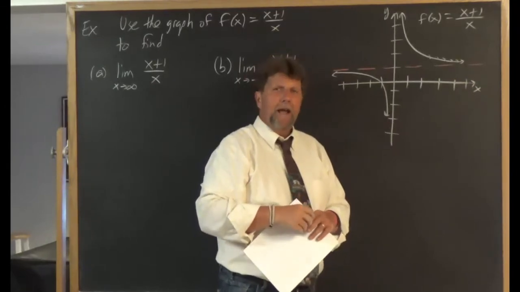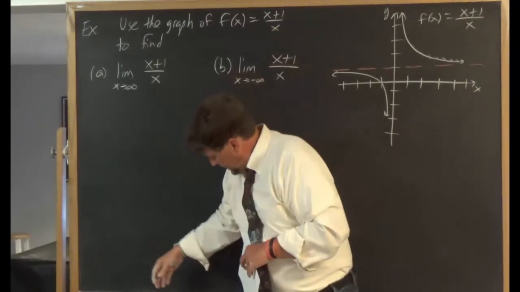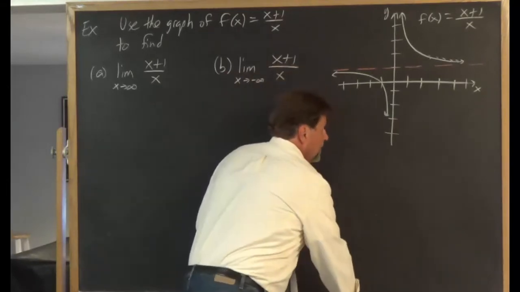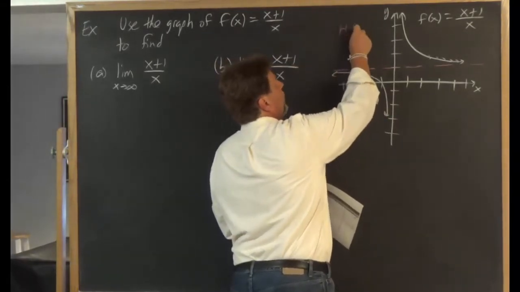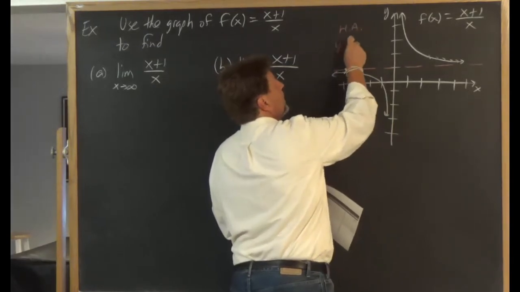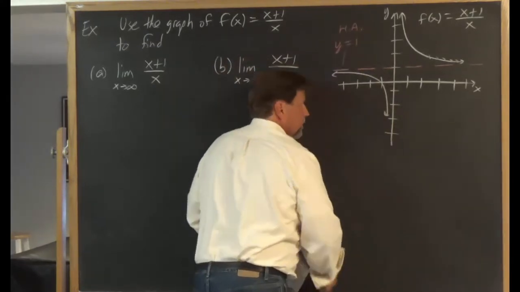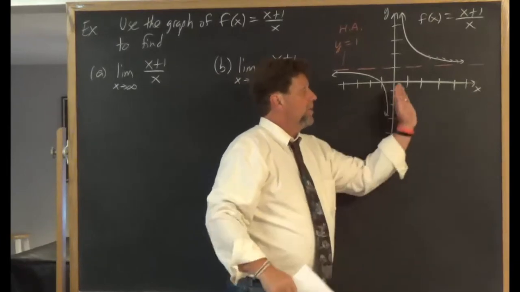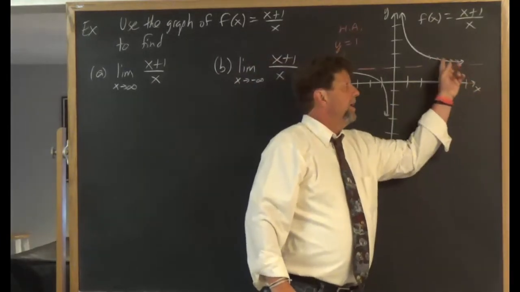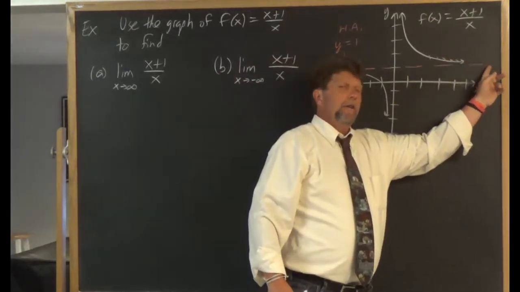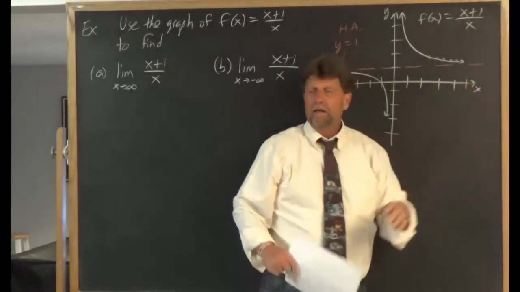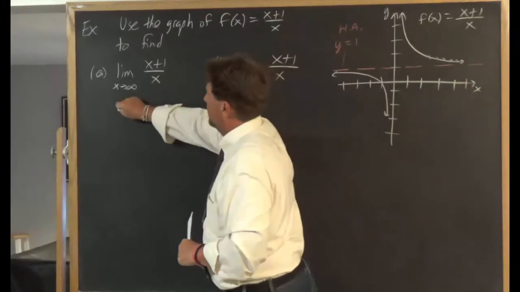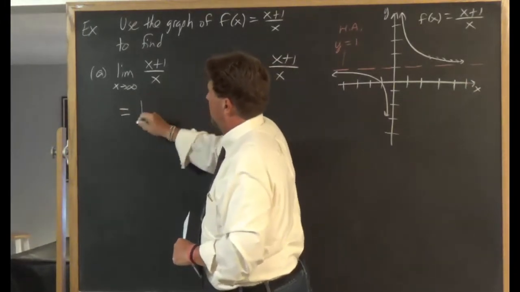Well, that red dashed line is a horizontal asymptote. I'll abbreviate that, horizontal asymptote. And its equation is y equals 1. So it looks like when x heads off to infinity, those y values are getting really, really close to the horizontal asymptote, which is y equals 1. So this limit is 1.